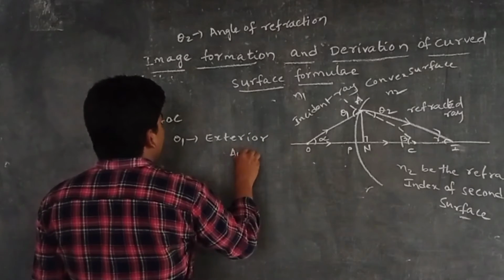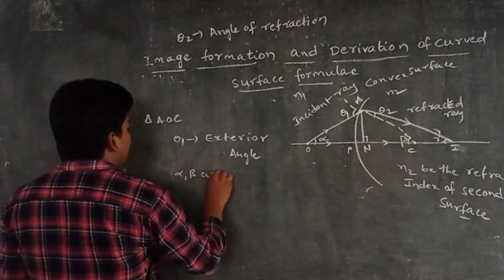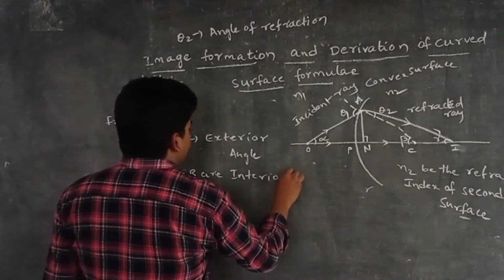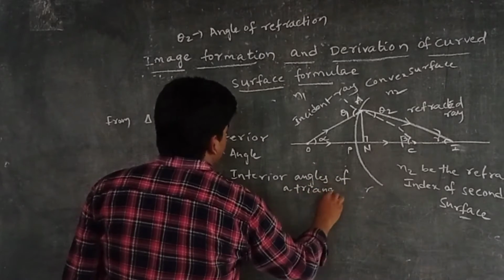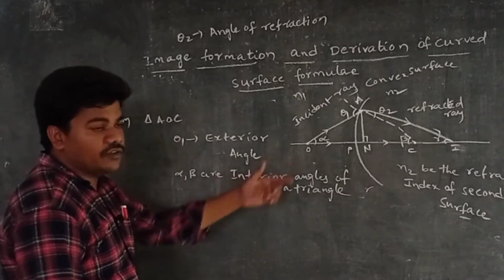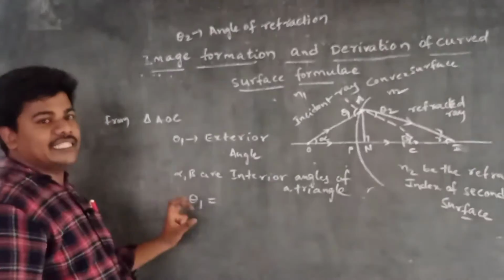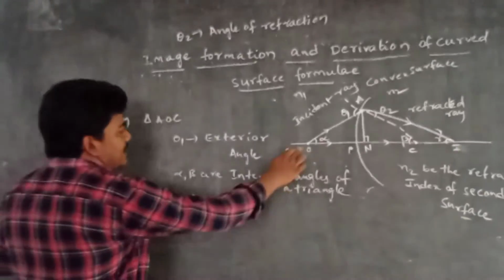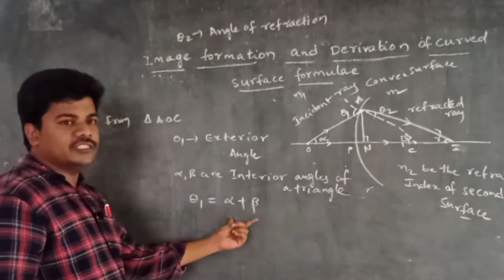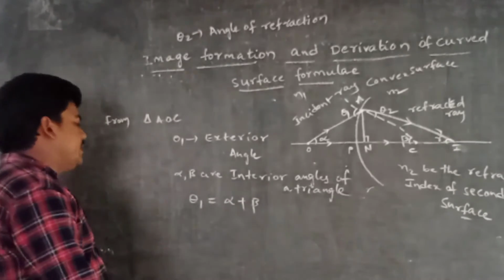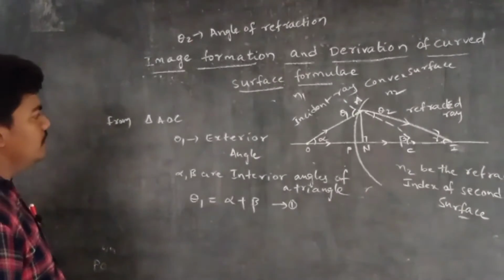Alpha and beta are interior angles of a triangle. So we have to write theta 1, the exterior angle of a triangle, is equal to the sum of the interior angles of the triangle, alpha plus beta. These two are the interior angles of a triangle. Theta 1 is equal to alpha plus beta. This is taken as value 1.